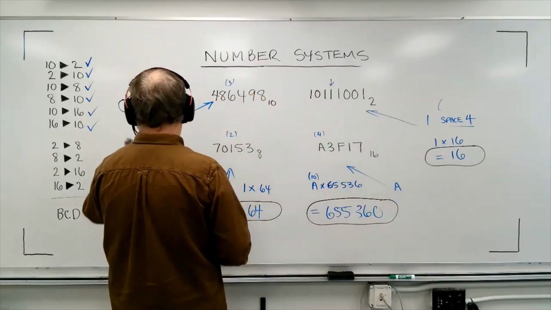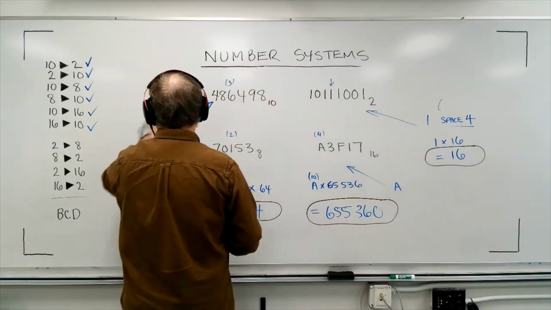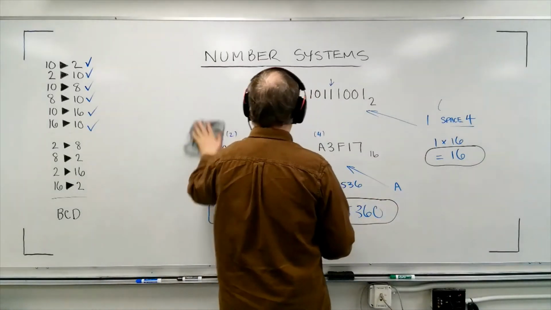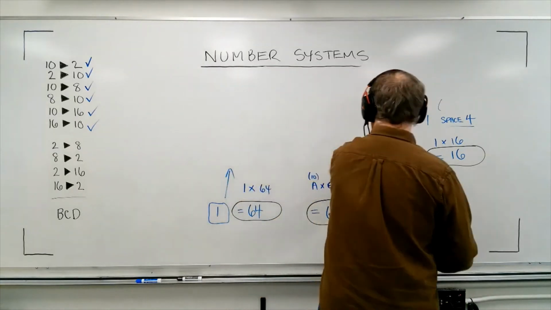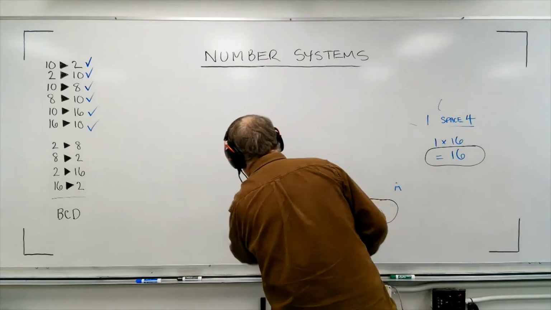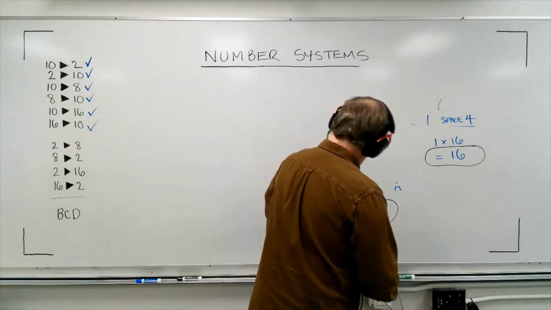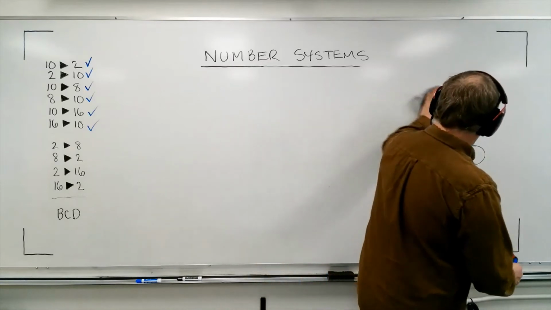Okay, so I'm going to take this away, and we're going to go to the next conversions, which are just below there on my left, and we're going to look at them.